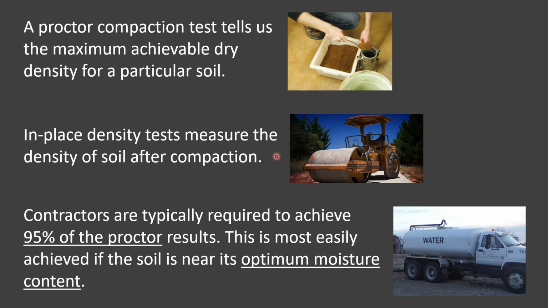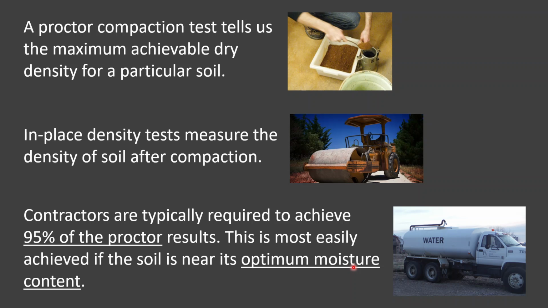So the in-place density tests measure the density of soil after compaction. And typically contractors are required to achieve 95% of whatever the proctor result was for that material. And if you remember, the proctor test also allowed us to determine the optimum moisture content.